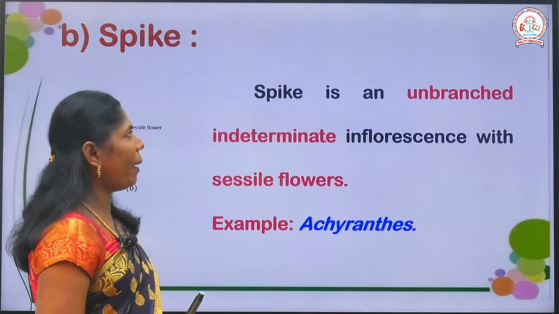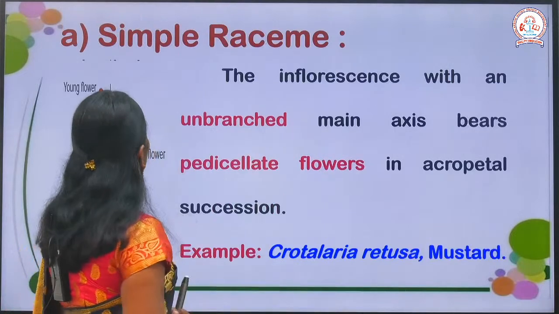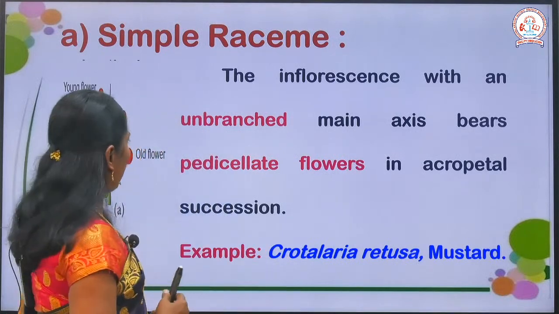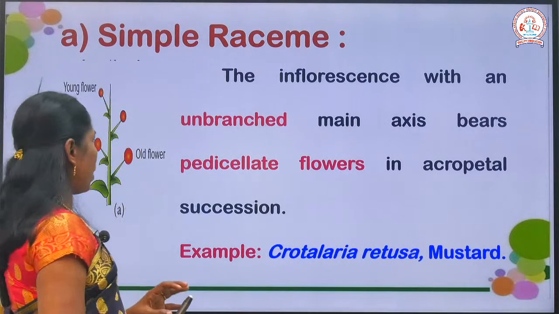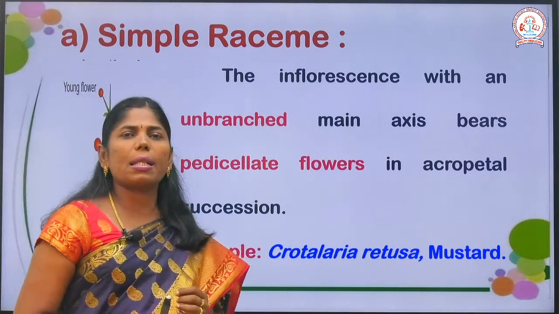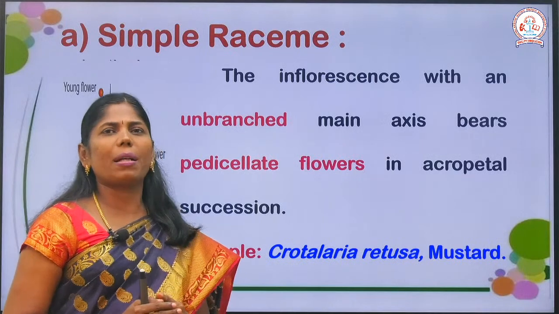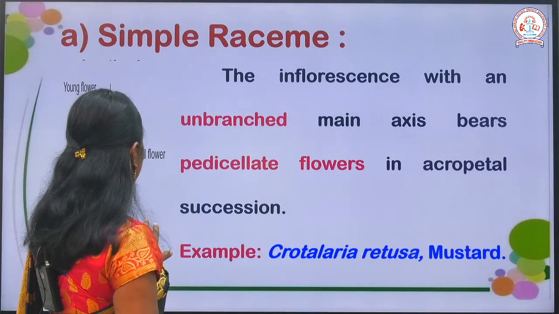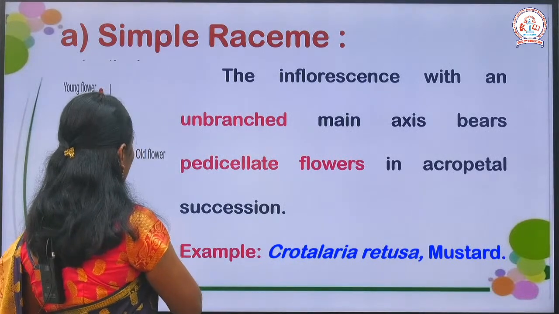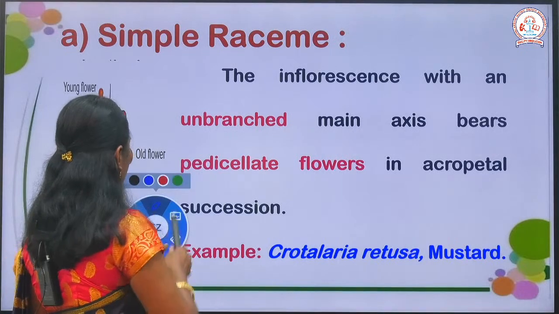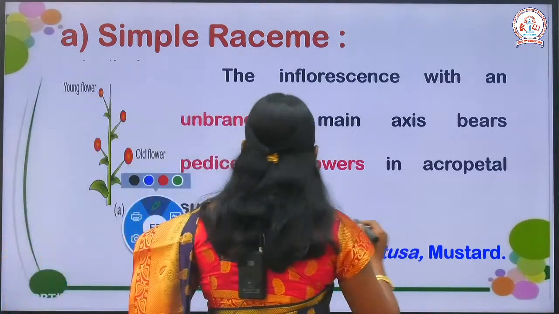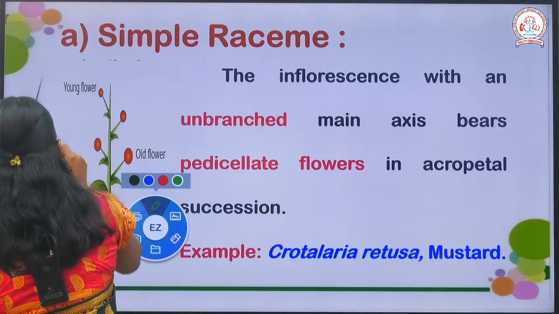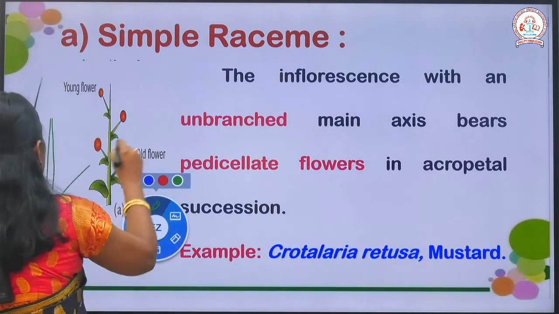And the next one is the spike. When we study the simple raceme, we immediately have to recall the compound raceme. What is the meaning of the compound raceme? When a number of simple racemes arise on the main axis, that is considered a compound raceme. The compound raceme is otherwise called a panicle. How does the compound raceme arise? Here there are branches. This is the main axis, but we will see a lot of branches.